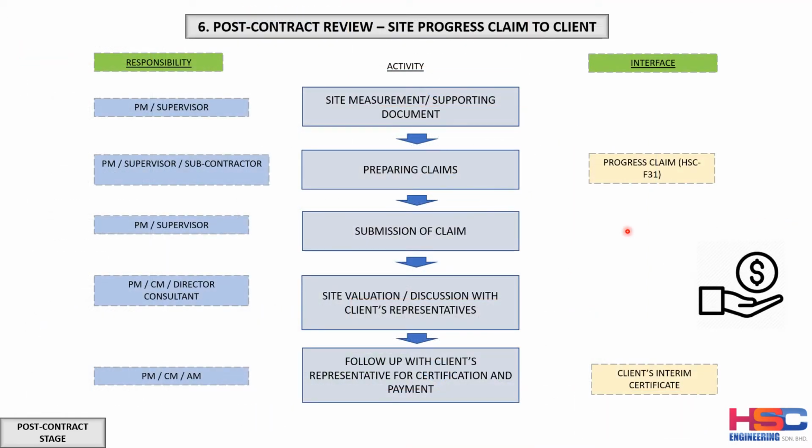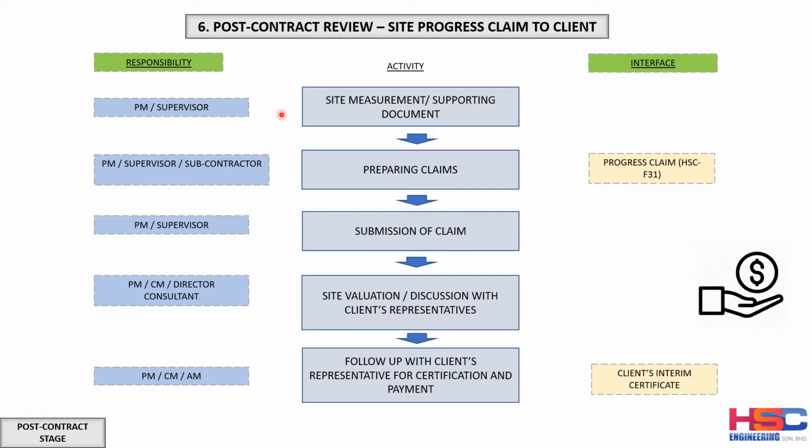Okay, next is the post-contract review on the site progress claim to the client. This is the process when the project has started and moves progressively, so we need to submit the progress claim.